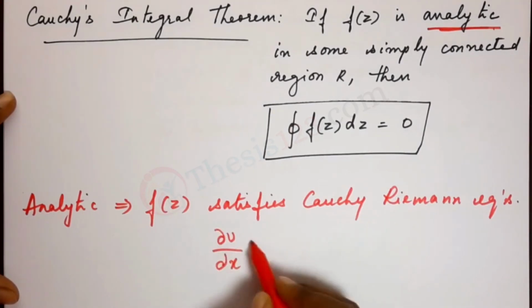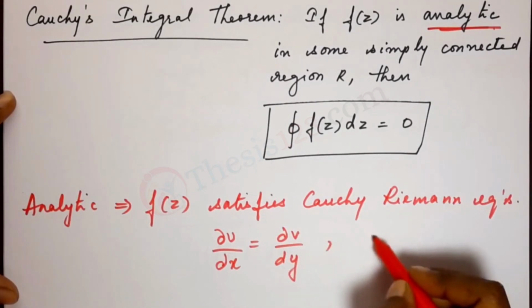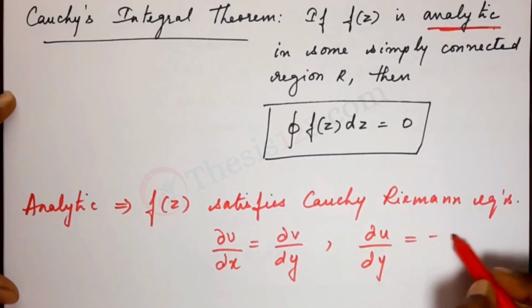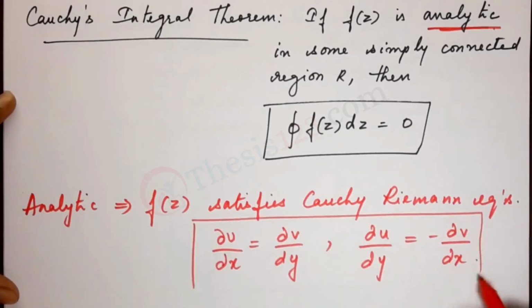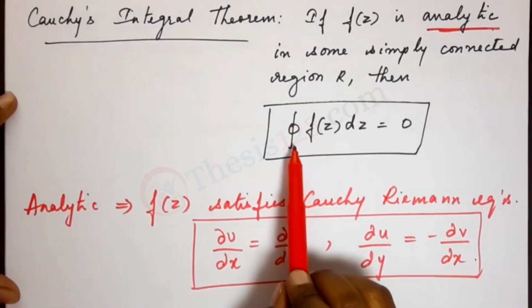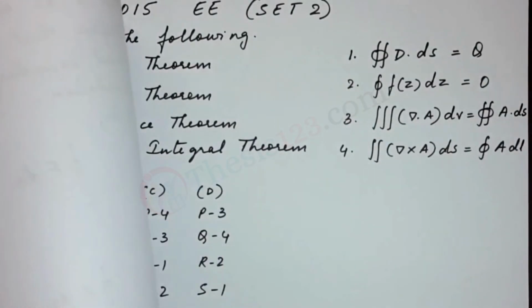Dou u by dou x equals dou v by dou y, and dou u by dou y equals minus dou v by dou x. So we have our Cauchy integral theorem as well, where it is the closed integral f of z dz equals 0. And that matches with, let's see which option here, the second option.